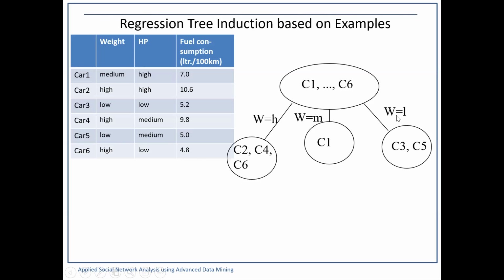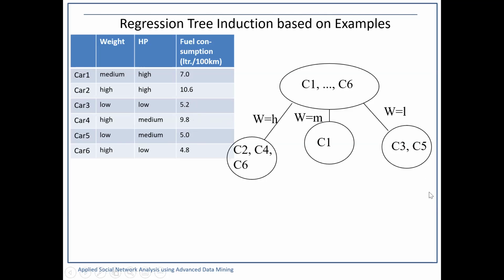So we still can split using high, medium, low for weight. We still cannot use weight as a numerical variable. But now the fuel consumption inside each node is given by numerical values. For example, C3 and C5, what's their fuel consumption? 5.2 and 5.0.